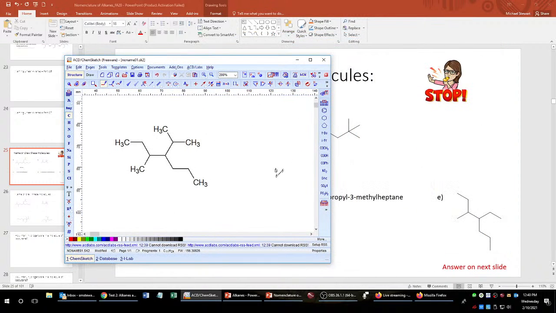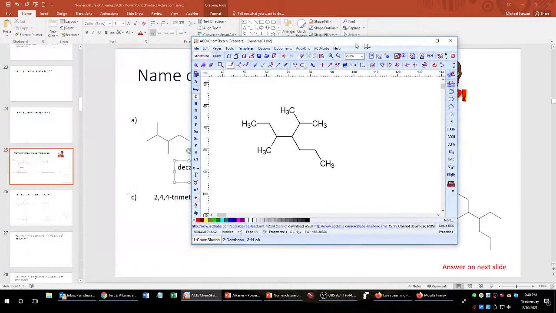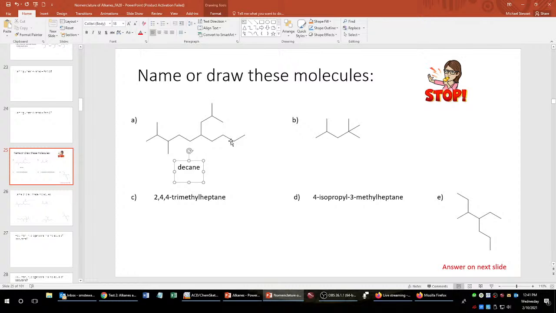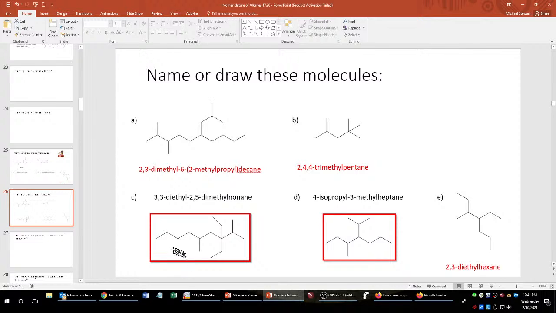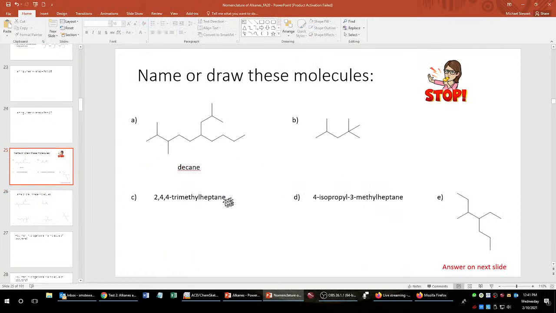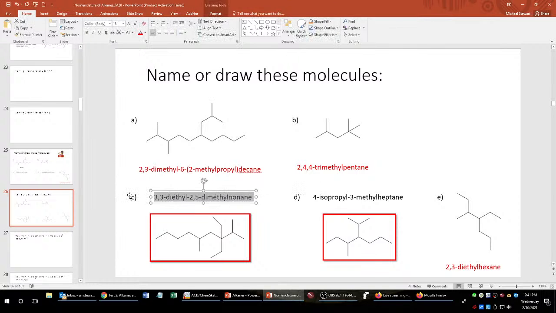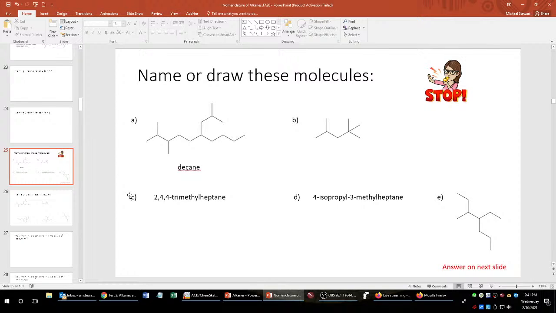So that's the answer for D, and you can just back the video up to see the answer for C. Apparently the example changed between slides because that's heptane and that's nonane.